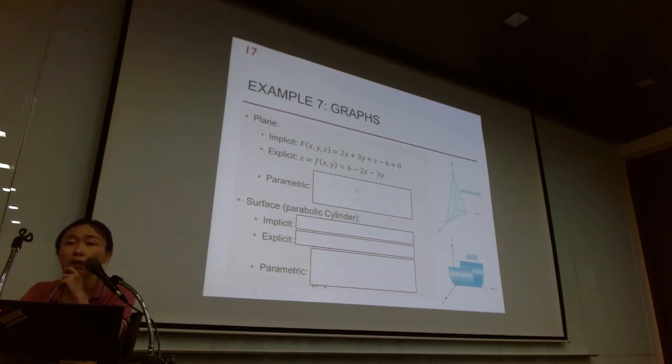Indeed, if you want x equal to something, you can use f or g or h, depending on you. So you can say x equal to f(y,z), equal to what? No problem. Then you have the parametric form. Because there are two variables, you write s, t.